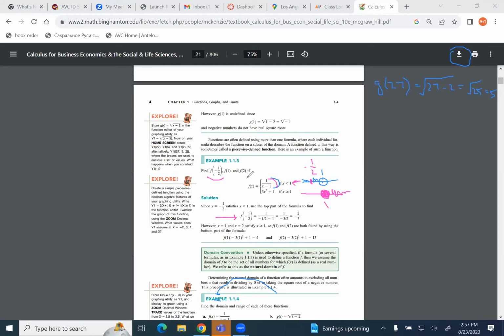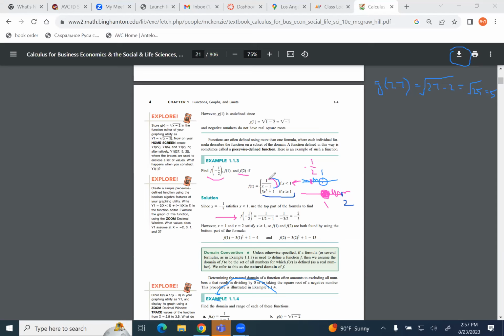Like in the last part here, they look for the f of 2, and since 2 is a number which is greater than 1, so it's someplace here, number 2, well, then I'm going to have to put it into the second expression.